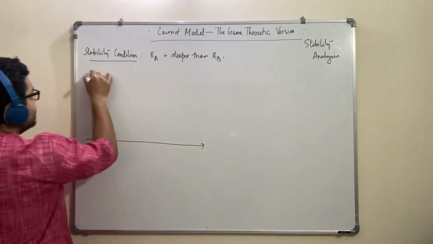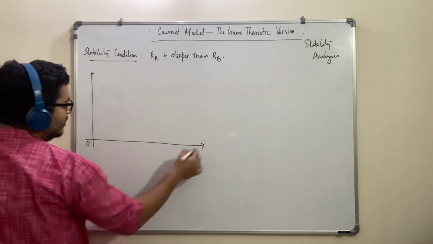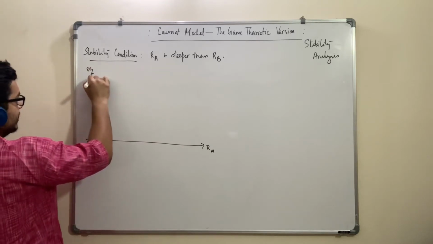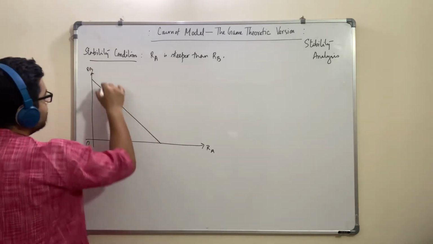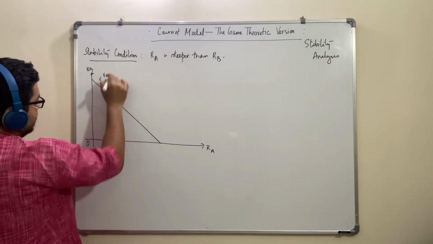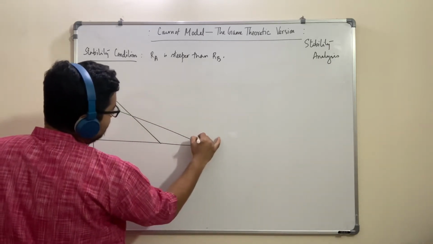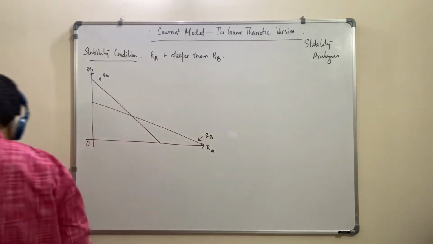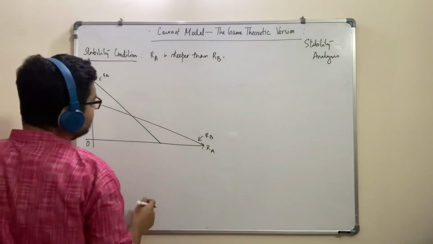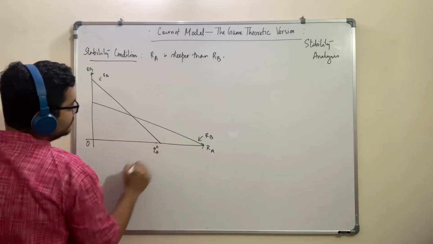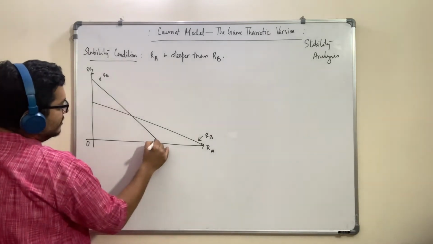Let's say this is my diagram of reaction functions. Here is RA, which is steeper, and then RB, which is flatter. Say I'm starting with some QA naught.